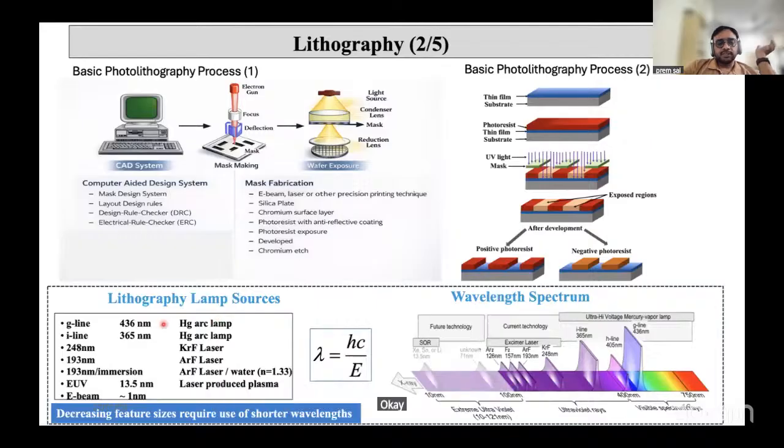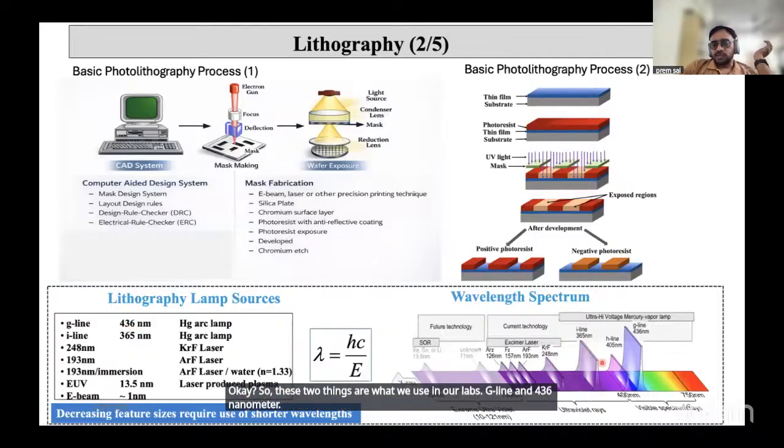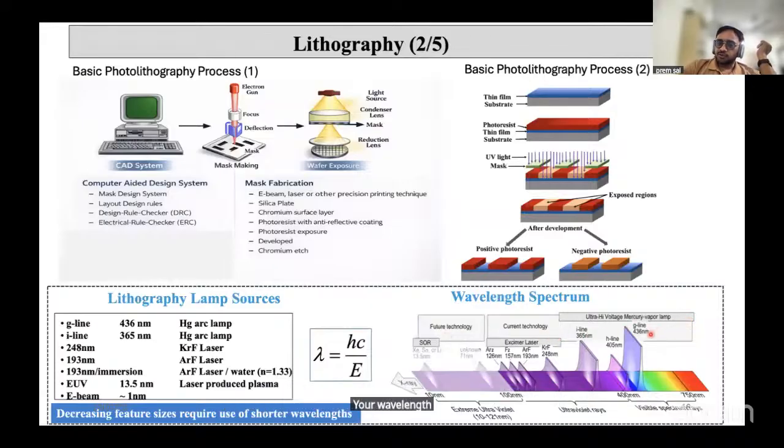These two are what we use in our labs: G line, 436 nanometer. If you see here, there is this mercury lamp. This is a wavelength spectrum. As you go from left to right, your wavelength is decreasing: 436, 405, 365.